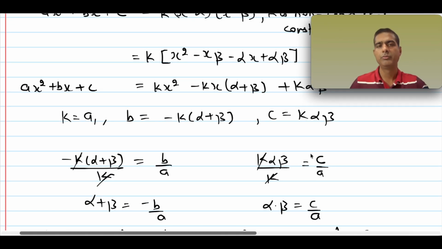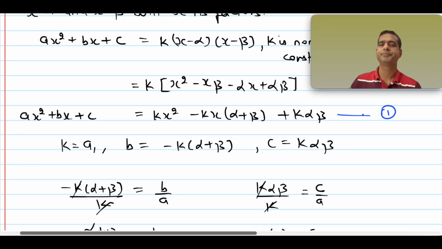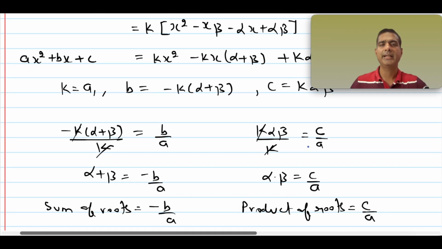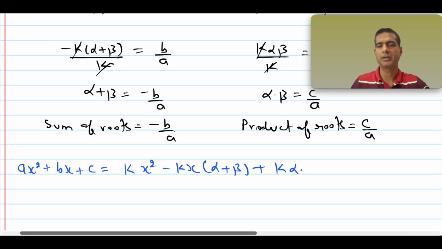In the above example, we saw that if alpha and beta are the zeros of the quadratic polynomial ax square plus bx plus c, it can be written as kx square minus kx (alpha plus beta) plus k times alpha beta. If I mark this equation as 1, then we can write ax square plus bx plus c as kx square minus kx (alpha plus beta) plus k times alpha beta.